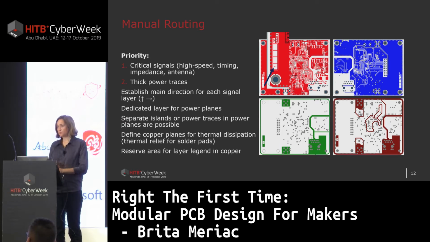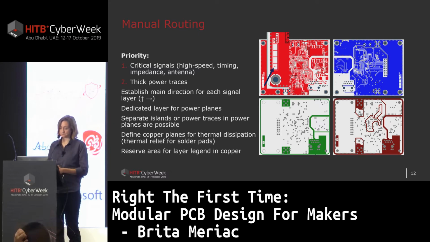And with a good placement and fairly untangled connections, the manual routing is actually not that difficult. We start again with the critical signals, the high speed, the timing critical signals, impedance controlled antennas, and go through them to big power planes, power traces. The other power connections you can usually connect right down to your power plane.